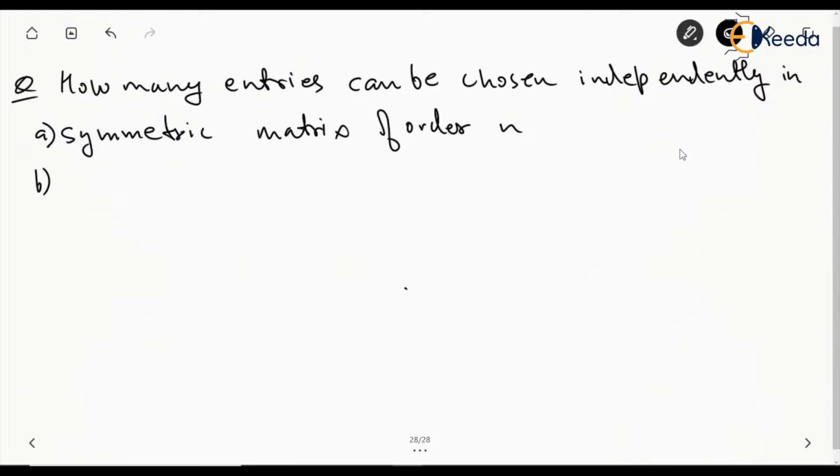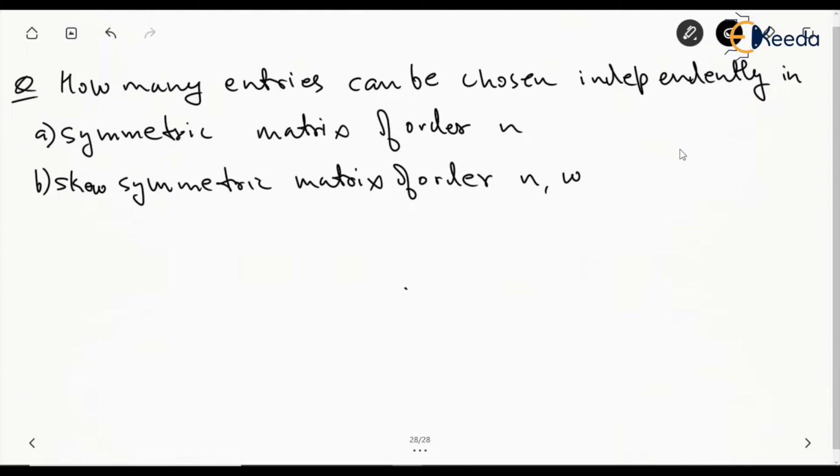Option B. Second part is skew-symmetric matrix of order n with, or I'll say given, diagonal elements equal to 0.